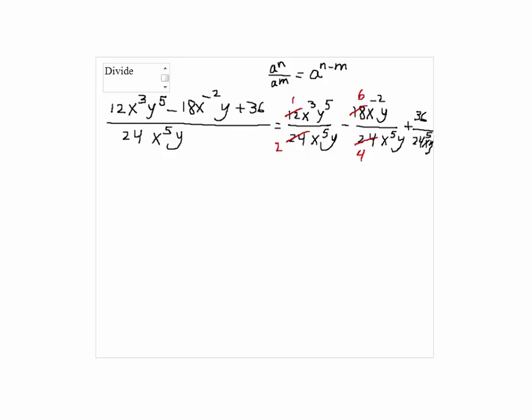Then we can divide 3 into 18. That gives me 6.